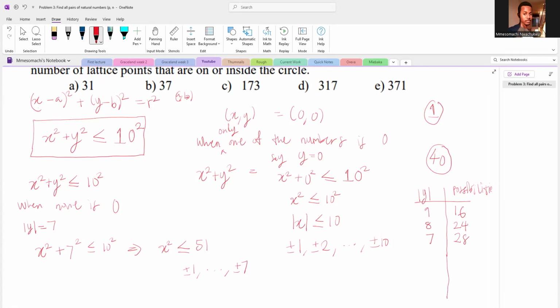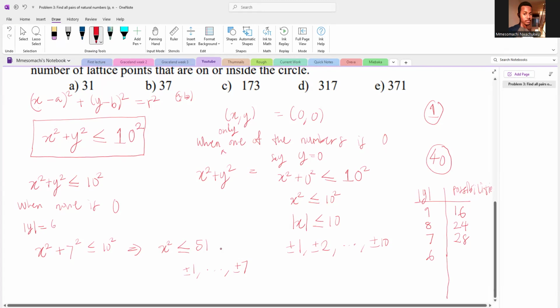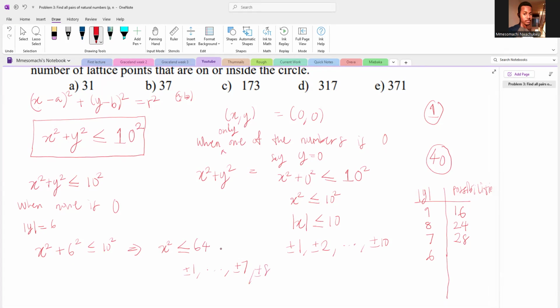And then when it's 6 squared, this is going to be 64. So this will just be up to plus or minus 8. So that's going to be 16.